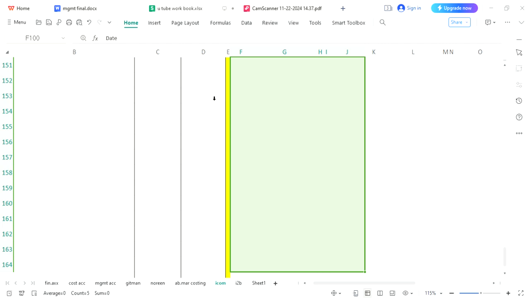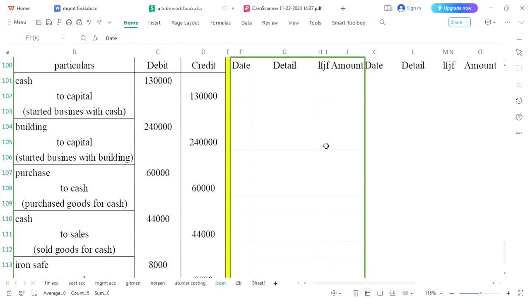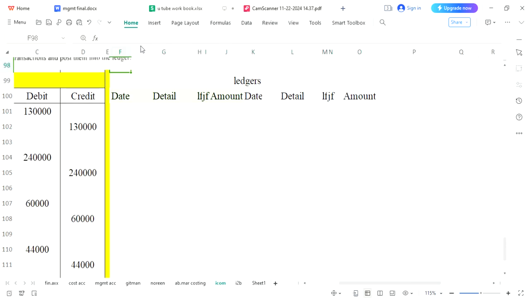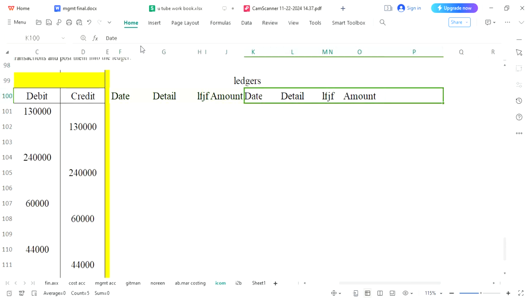Okay, so here we would have our amount and we are going to change its color. Please understand, we have two sides. This is your left side and this is your right side, and in this way we are creating a difference between both sides.